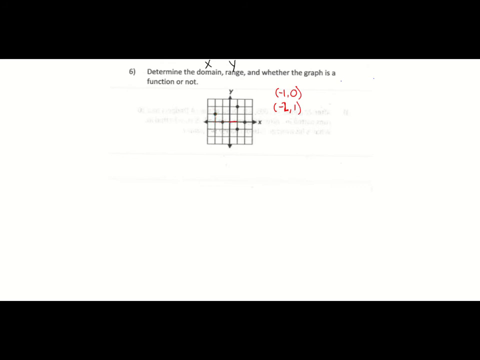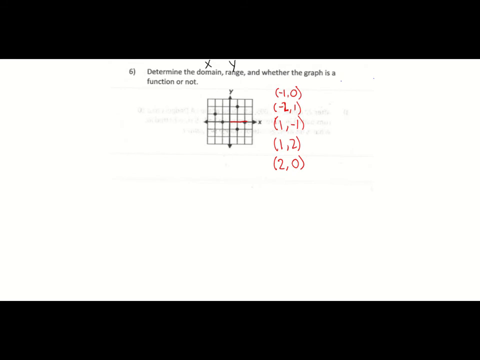Over here on this side, I'm going 1, down 1, so that's a +1, -1. And then right 1, up 2, 1, 2. And my last point, I'm going right 2, up and down 0. So now I have a list of all my points.